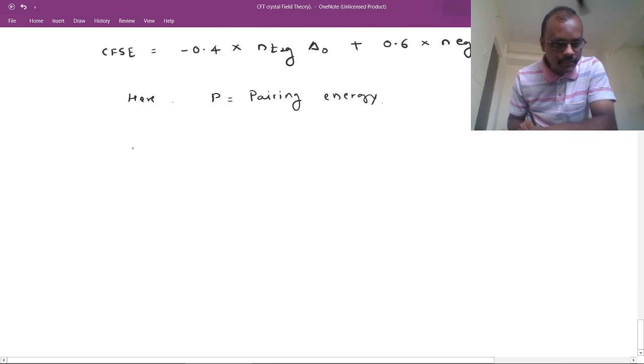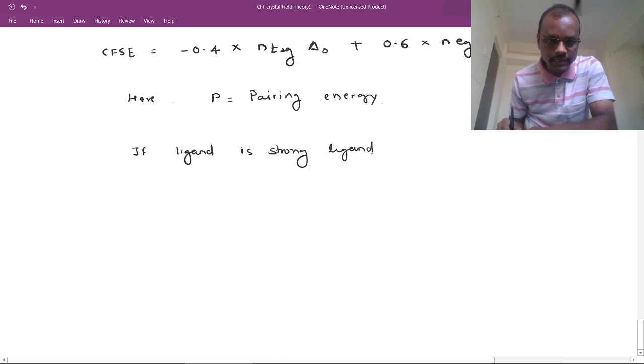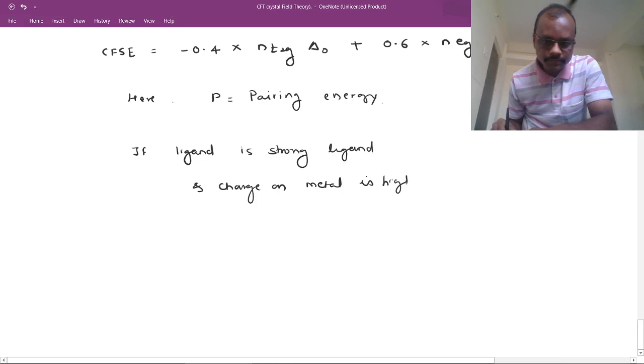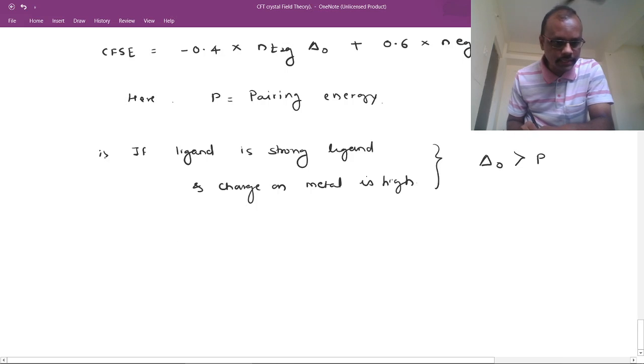Remember that if the ligand is strong and the charge on the metal is high, then delta 0 is greater than the pairing energy.